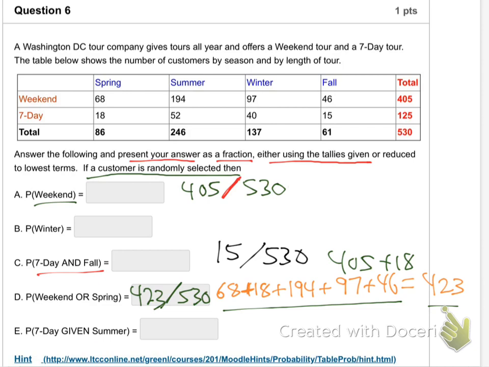We're given that they were a summer traveler. So given that they went in the summer, they definitely went in the summer, that'll be my denominator. The given, which is summer in this case, is always your denominator. Whenever they have a given, that is your denominator.